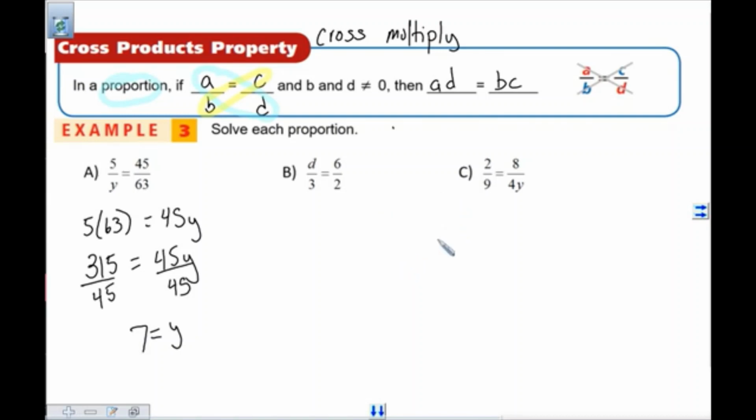We're going to do the same thing on the next two problems, cross multiplying. So 2 times b equals 3 times 6. And 2 times b equals 18. Divide by 2 on both sides, and b equals 9.